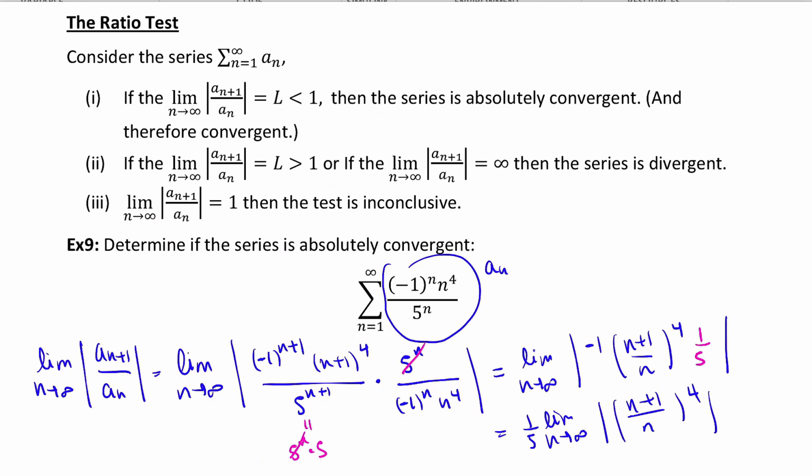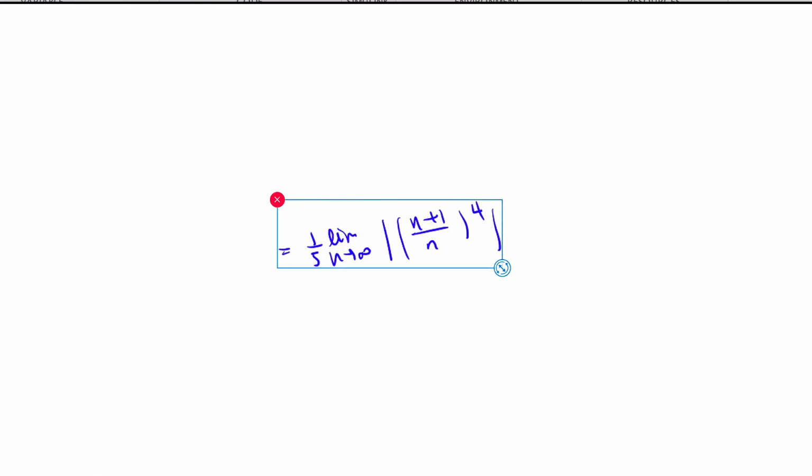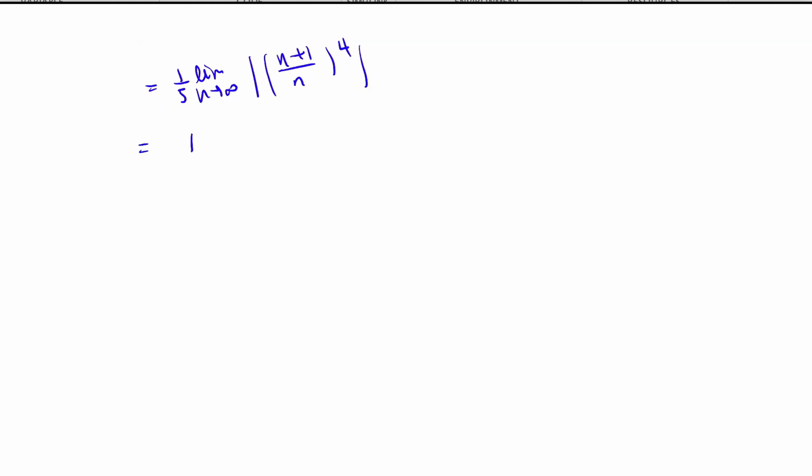Here the absolute value is a continuous function, and raising something to the fourth power is also a continuous function, so I can take the limit inside. This is equal to 1 over 5 times the absolute value of the limit as n goes to infinity of n plus 1 over n, to the fourth.